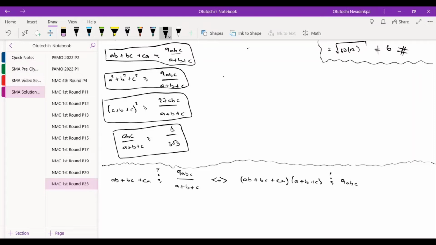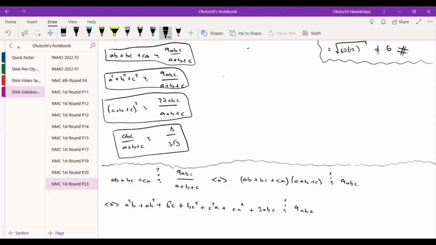So let's continue. We have to show this, right? So let's expand. This is true if and only if A squared B plus AB squared plus B squared C plus BC squared plus C squared A plus CA squared plus 3ABC is greater than or equal to 9ABC.